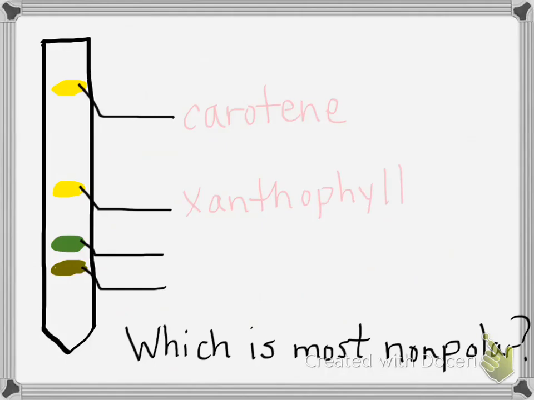Okay, then there was a green one, and there was quite a bit of this green one. What is it? Chlorophyll A. Good. And then most of us were able to find this, although a few of us had some difficulty finding this last one. What was it? This one's chlorophyll B. So you are going to have to memorize who was on the top, who was in the middle, who was at the bottom.